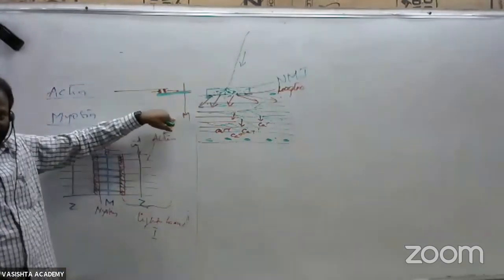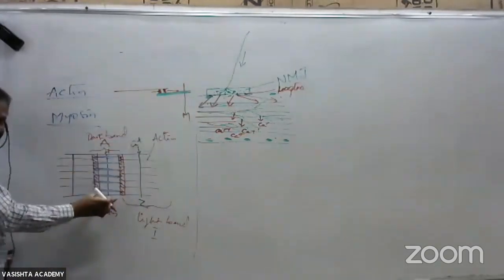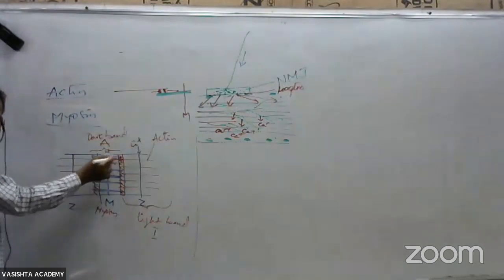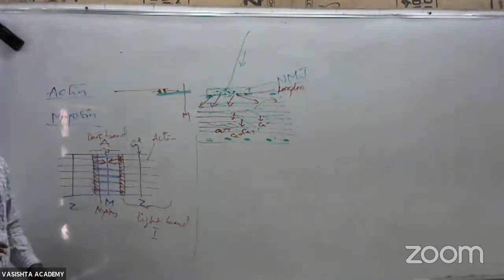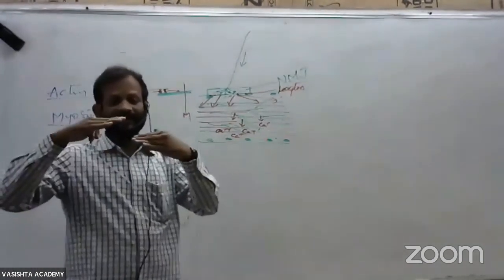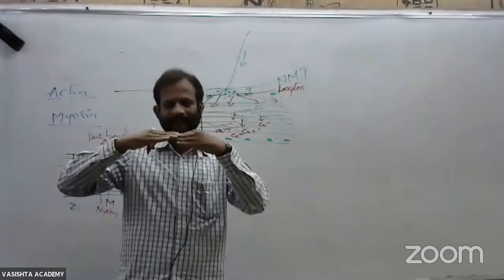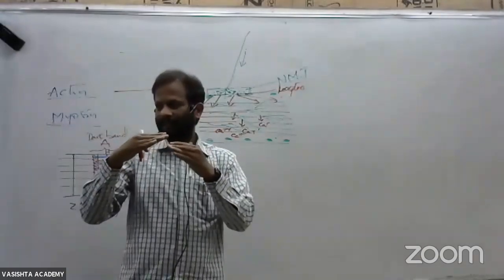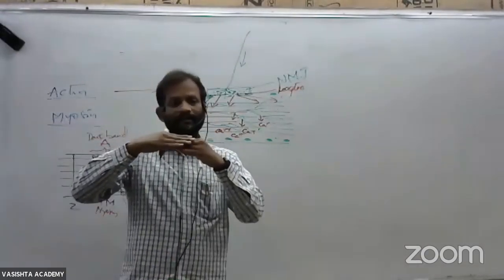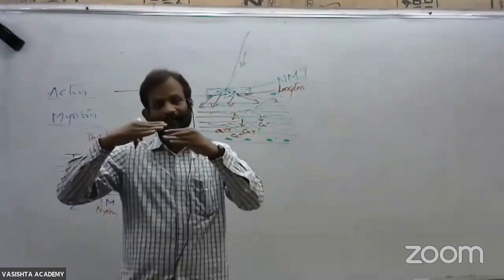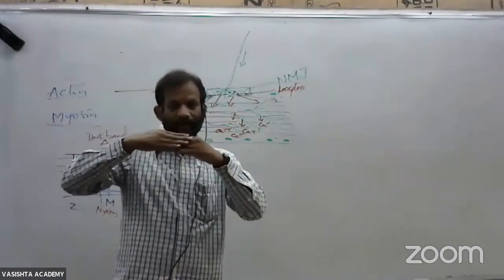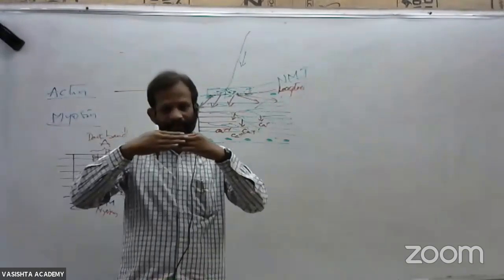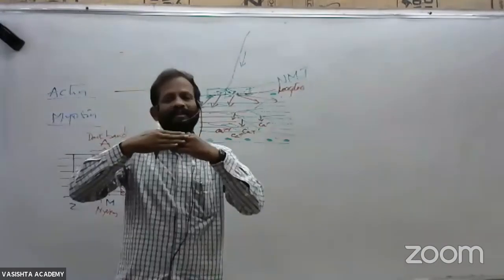Where is the M line? At the middle of the thick filaments, the M line. So this cross bridge will bend towards the M line from either side. If the actin filament attaches with the myosin filament and the cross bridge is bending, this actin filament will be sliding over the myosin filament. You can understand the meaning of sliding: sliding means overlapping and moving one upon the other.